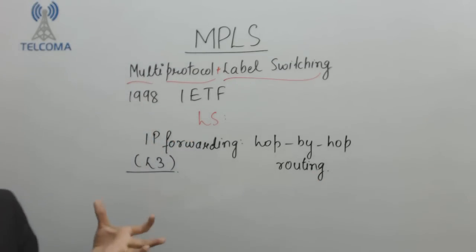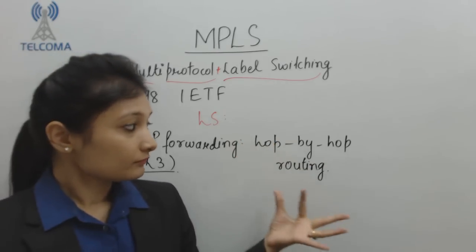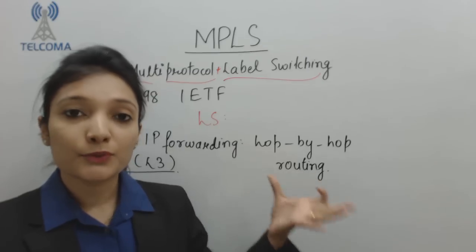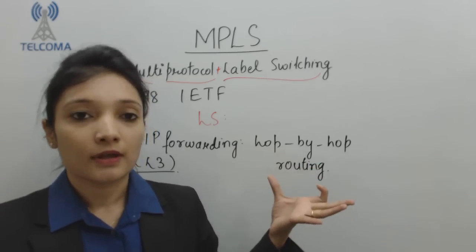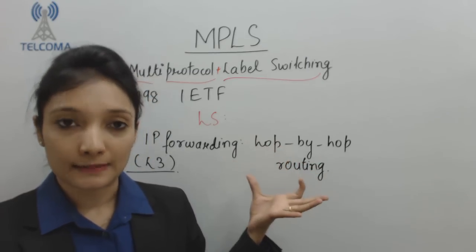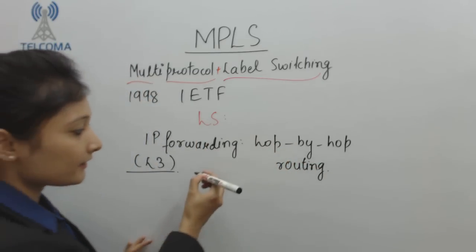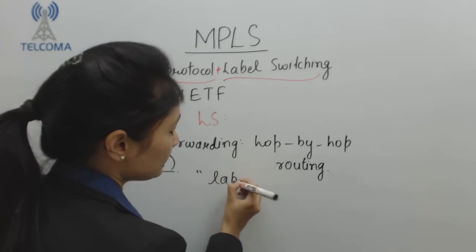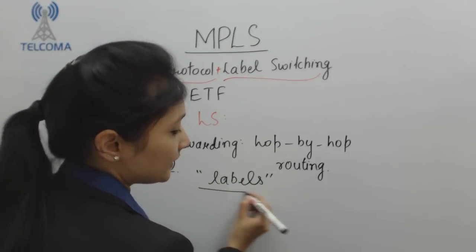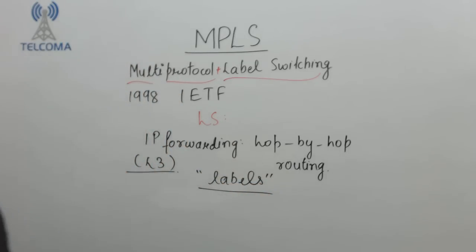That means we're not using the IP, we're using switches. This label switching concept, or we can simply say that we are using labels in our MPLS system.